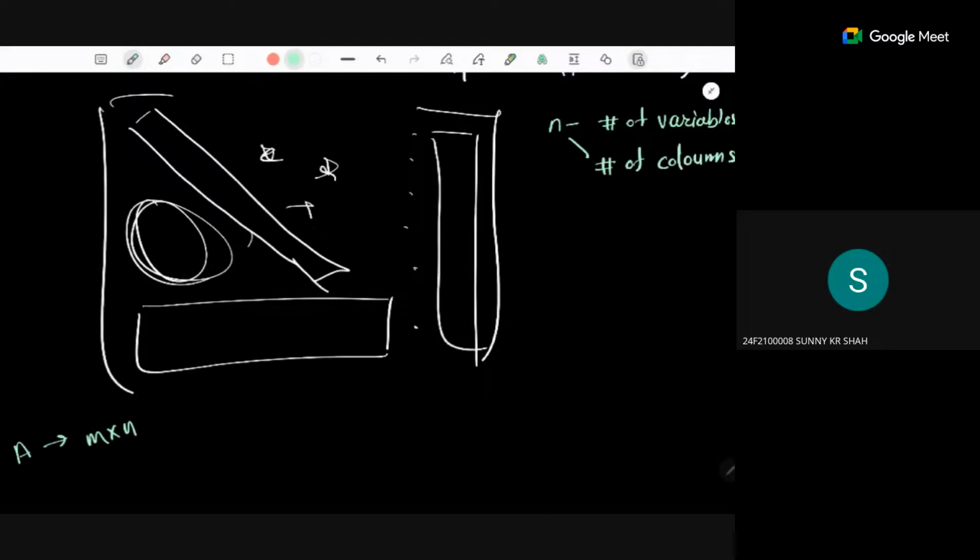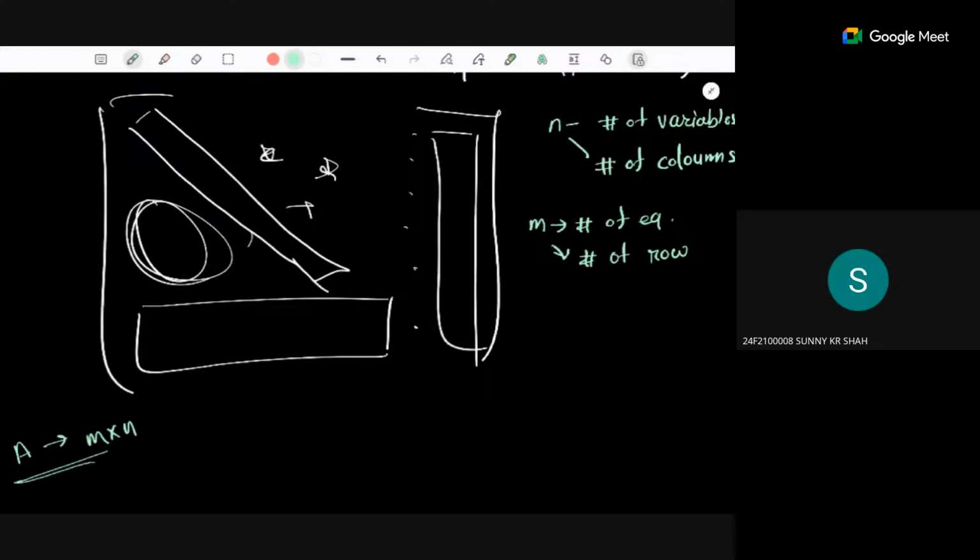Now what does m represent? m is either the number of equations or, in the matrix A, the number of rows. Both things will be the same.